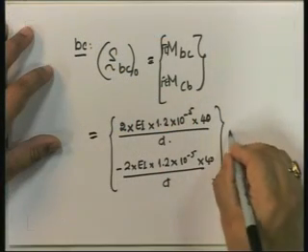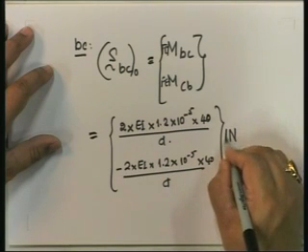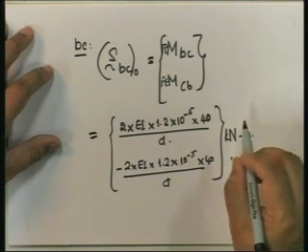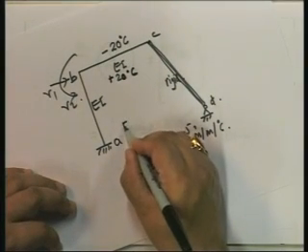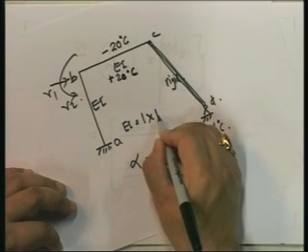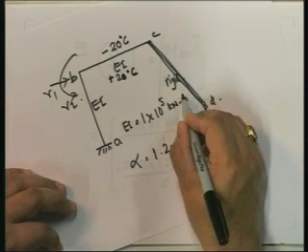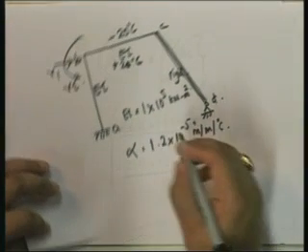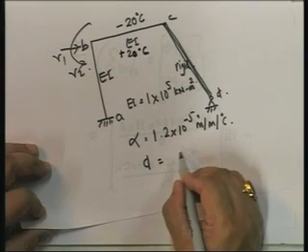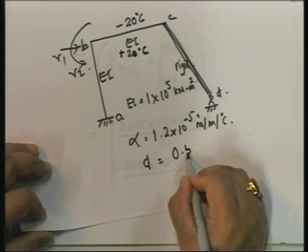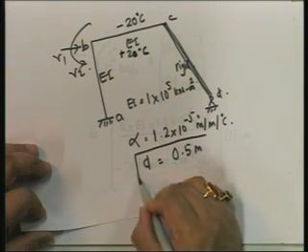Therefore, once I have the moment, I can plug in a value of EI and d. I have not put that in. Let's say the units of EI are in kilonewton meter squared. Let me say that EI is equal to 1 into 10 to the power of 5 kilonewton meter squared, and the depth of the beam is 50 centimeters, so it's 0.5 meters.